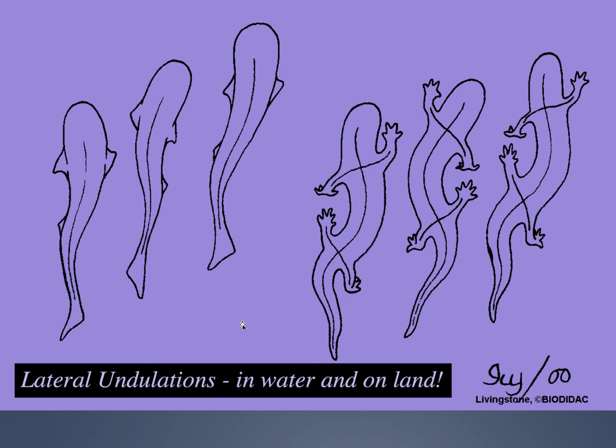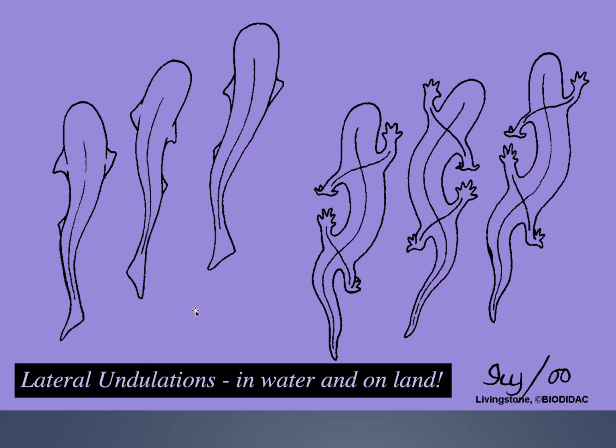In both cases, seen from the top, the organism is bending its body side to side. In the case of fish, that helps to generate the propulsive forces in the tail back here.